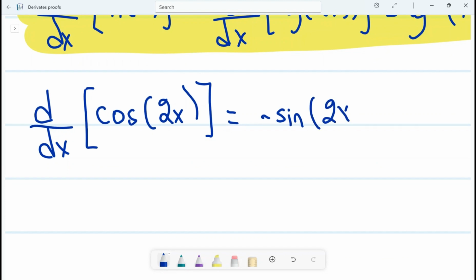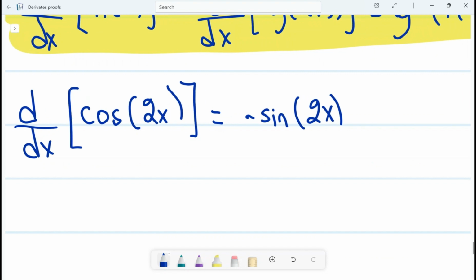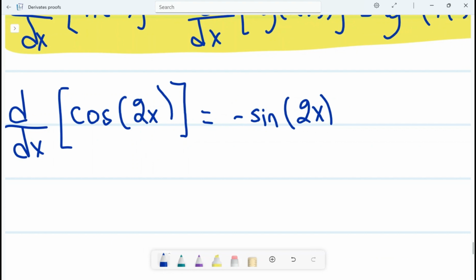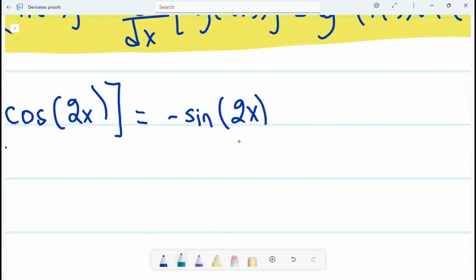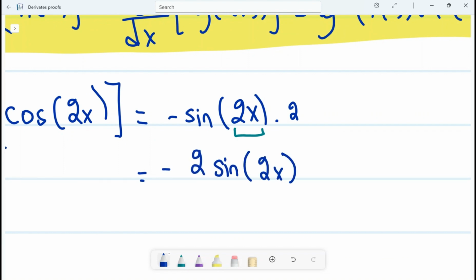So we evaluate it at 2x, and then we take the derivative of what's inside. So we take the derivative of 2x, which is 2. So we can write this as negative 2 sine 2x.